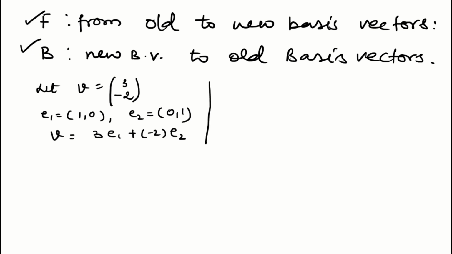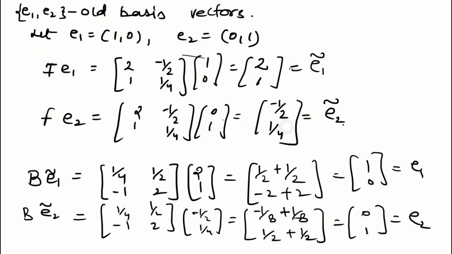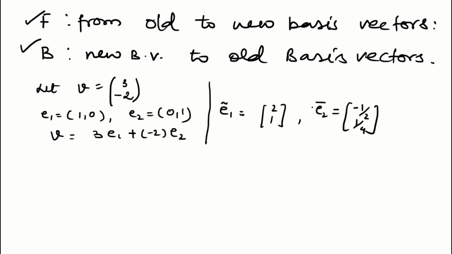Now let's write v in terms of the new coordinate system. So e1 tilde is (2, 1) and e2 tilde, this is our new basis vector. This is what we have found here. Now let us write v, that is (3, minus 2), in terms of e1 tilde and e2 tilde.